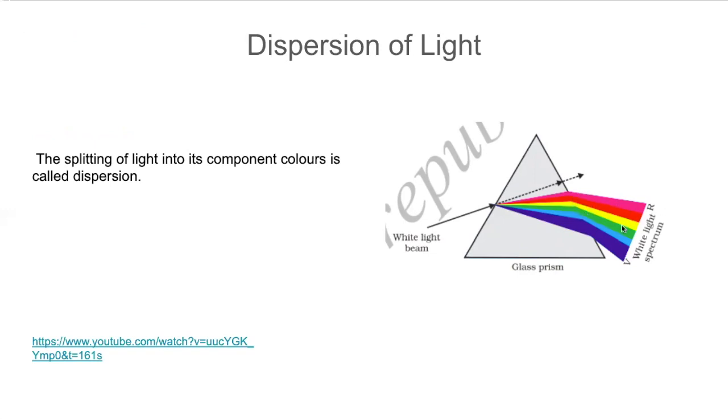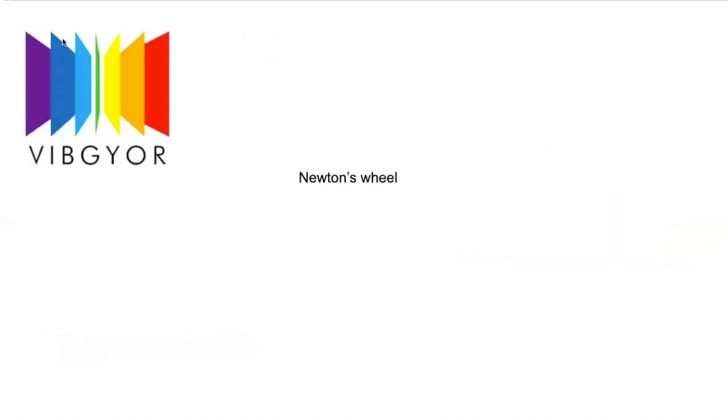Because of this, they are not parallel, and as you go farther away, they will be more and more apart, so you will see them separately. But if all the colors' rays were parallel to each other, then we would see them together at the same time, and then we will see white.